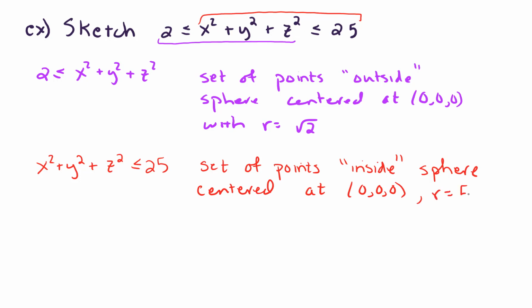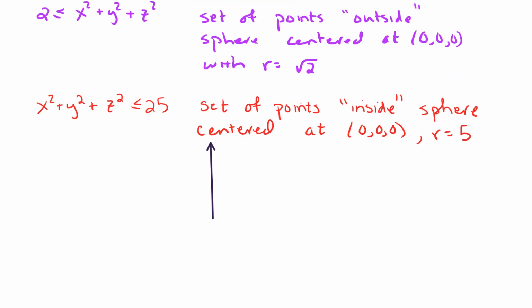Okay, so let's try to draw the set of points that satisfies both of those conditions. First of all, let's draw our coordinate system. Okay, so we've got our x and our y and our z, so that looks pretty good. And let's draw this sphere centered at the origin with radius root 2.